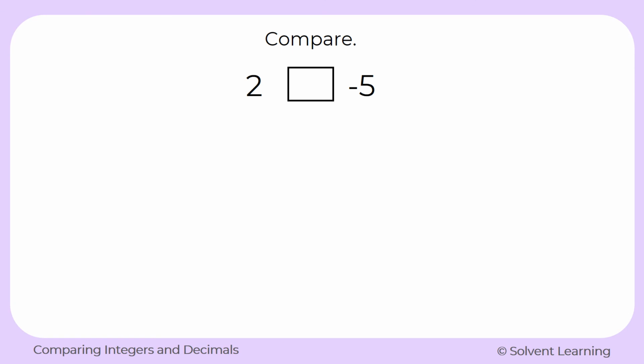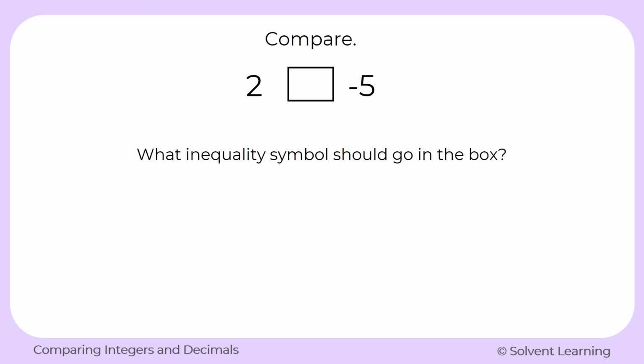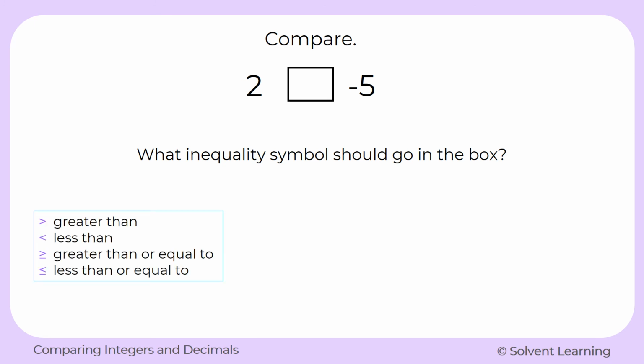Let's compare 2 and -5. To complete this comparison, we need to figure out what inequality symbol should go in the box. Just to review, here are our 4 inequality symbols. We can have greater than, less than, greater than or equal to, or less than or equal to.